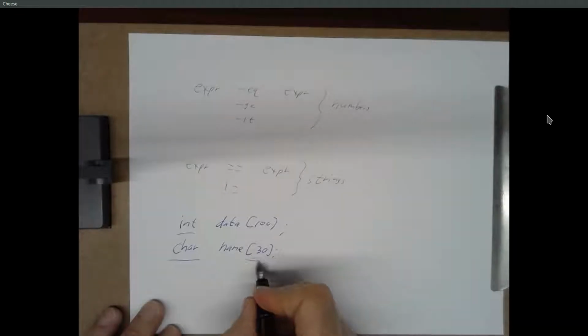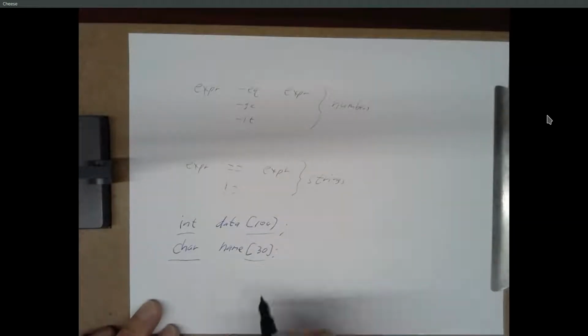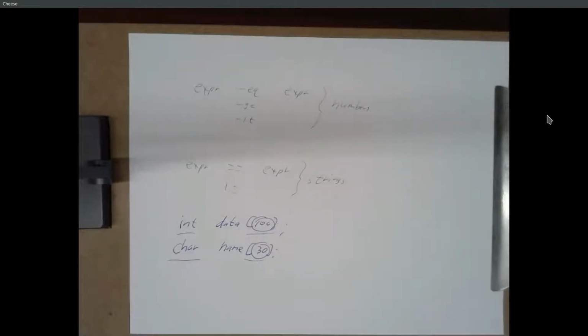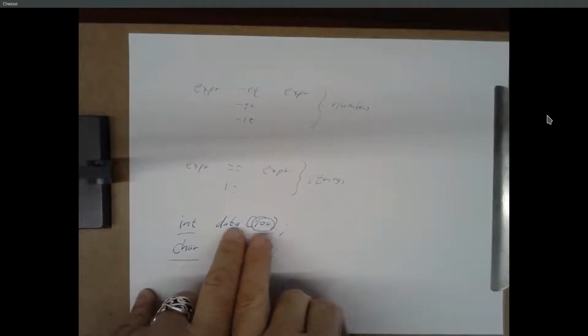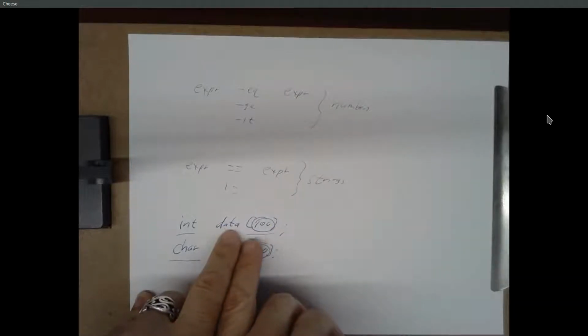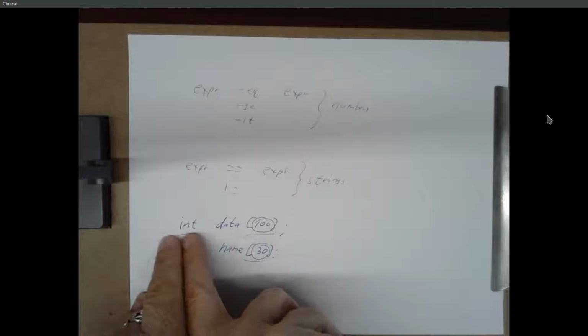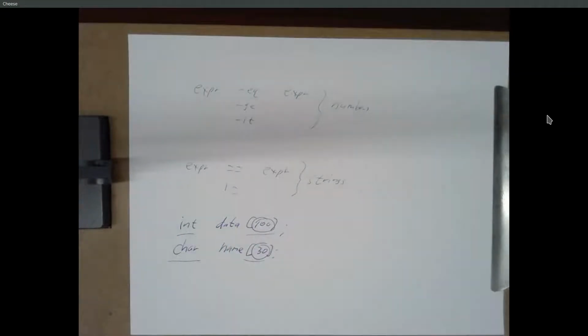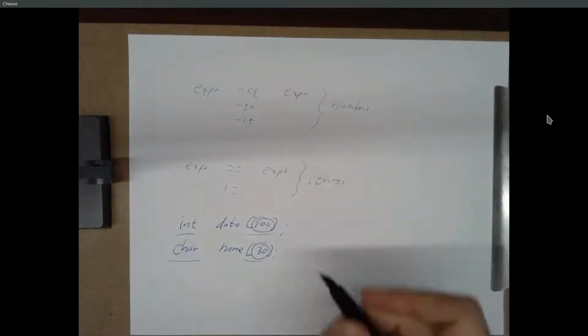It says it's an array because it's got brackets, and it sets aside space for a certain number of those things. So this is a full-blown array of 100 integers. It does not initialize it though, right? I don't know what the value of data bracket 0 is unless I give it a value somewhere. But it says it's an array of integers and I want space for 100 things. That actually creates a chunk of memory somewhere, allocates it to this.